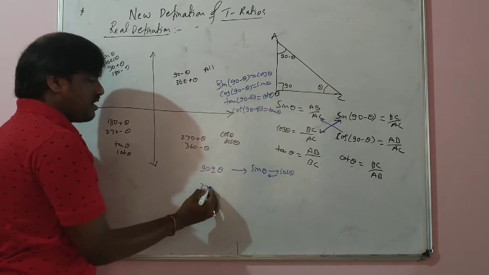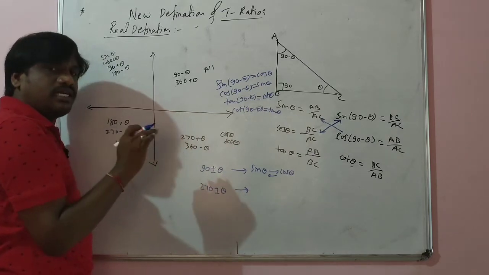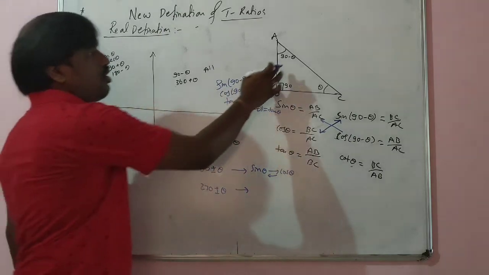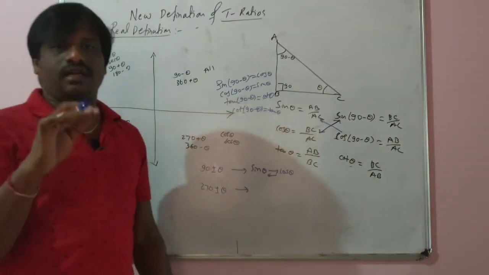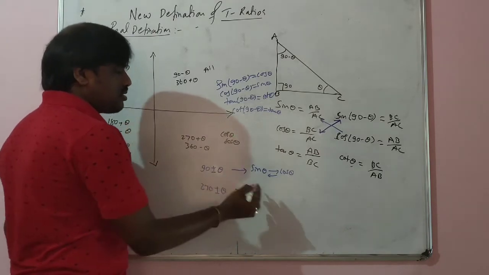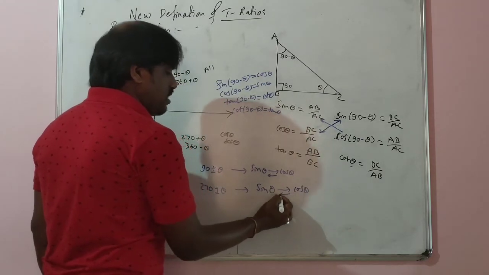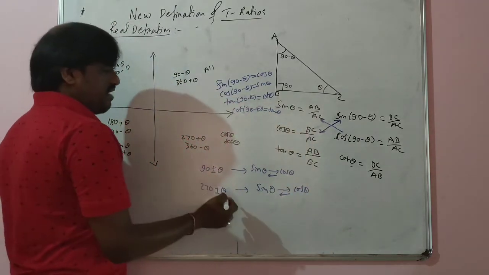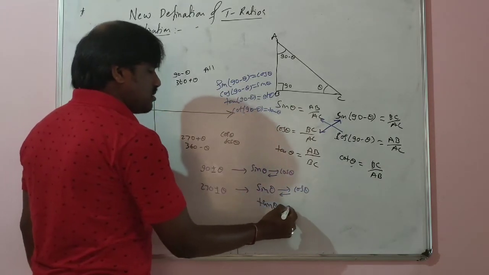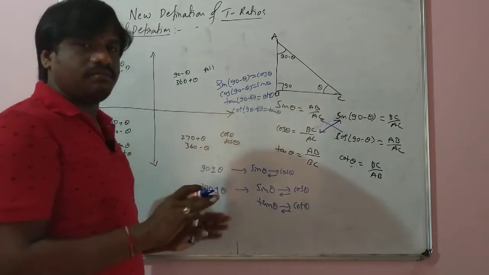And here 270 plus or minus theta, in this also, these things are applicable for odd multiples of 90. So 3 times 90 is 270. So here also sin theta will give cos theta, and cos theta will give sin theta. And in the same way tan theta will give cot theta, and cot theta will give tan theta. It is going to change, I am just telling you.